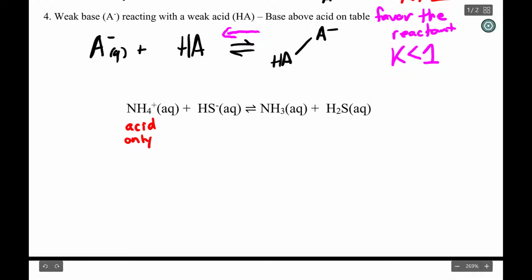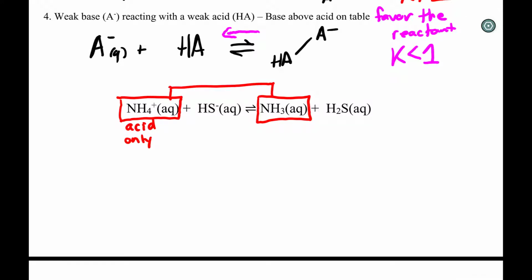Therefore, this has to be acting like an acid. When I compare it to its partner, which is its conjugate, I can tell that when it's moved from NH4 plus to NH3, it has lost an H plus, which essentially means it donated the H plus, so it has to be the acid, and this is the conjugate base.